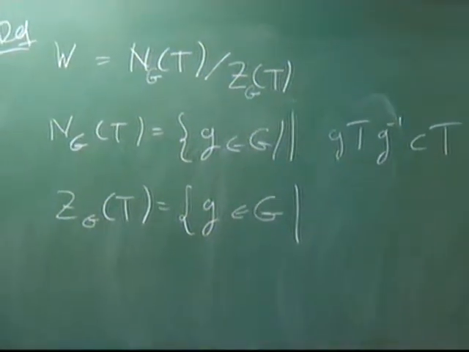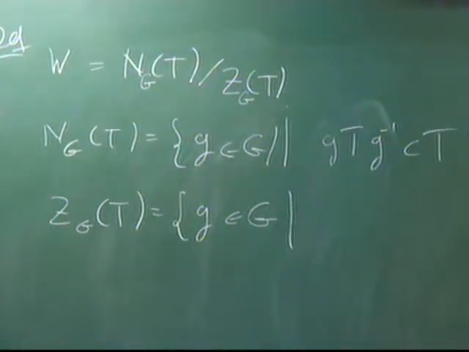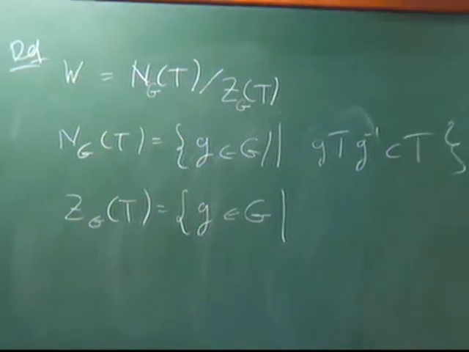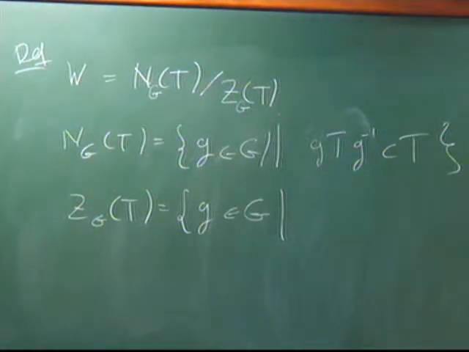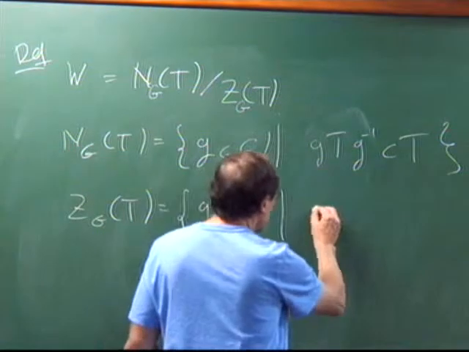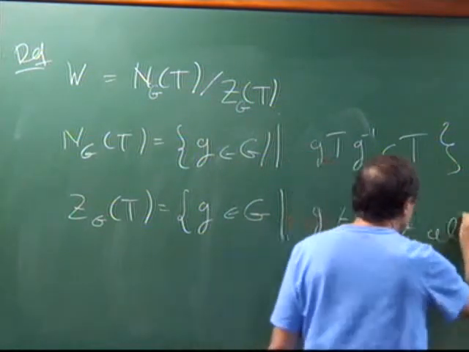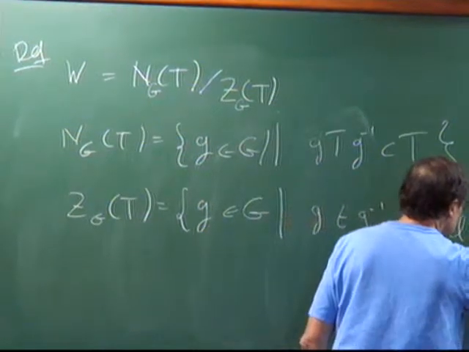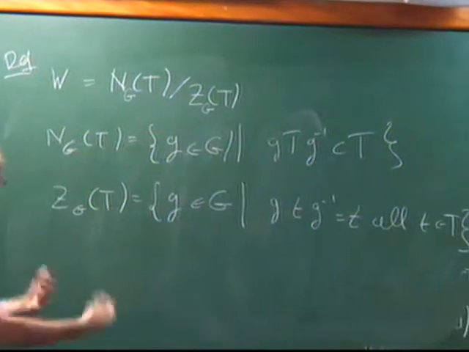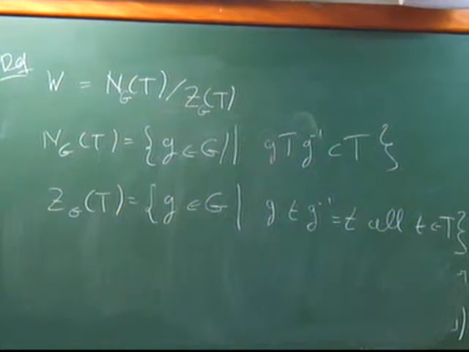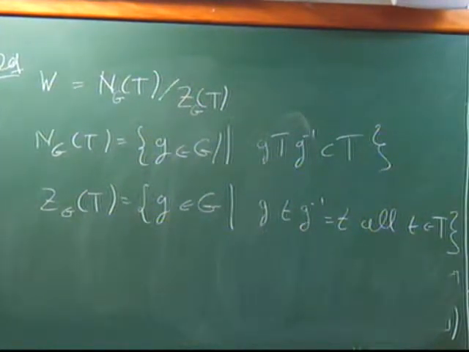So what's the centralizer of an object? Conjugation is the identity, right? So hth inverse equal to t for all t in T. Something that is identity on it, not just something that preserves it. So this kind of quotient, normalizer divided by centralizer, is often very important in all kinds of different structures.